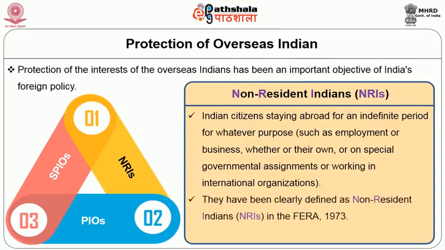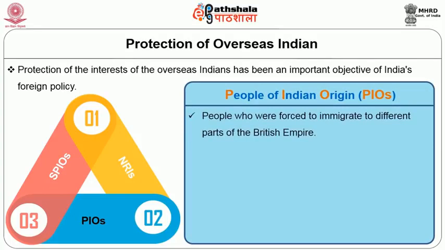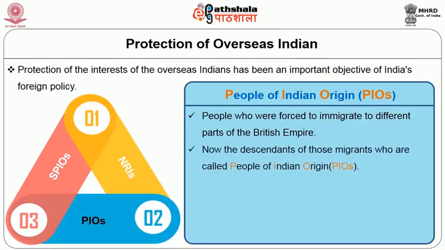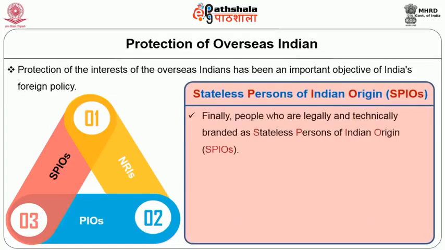They have been clearly defined as non-resident Indians in the FERA 1973. Second, people who were forced to emigrate to different parts of the British Empire. Now the descendants of those migrants are called people of Indian origin. And finally, people who are legally and technically branded as stateless persons of Indian origin.